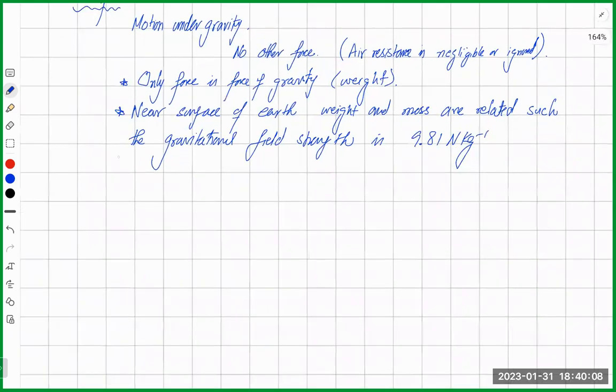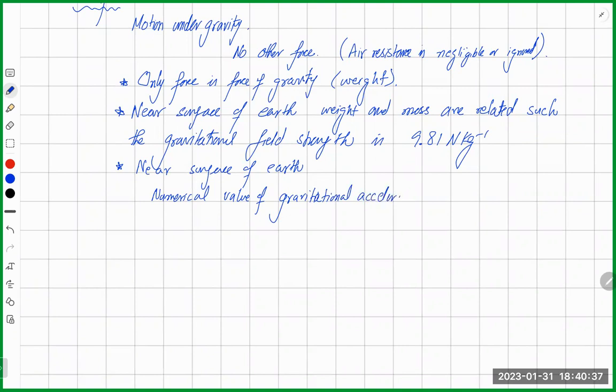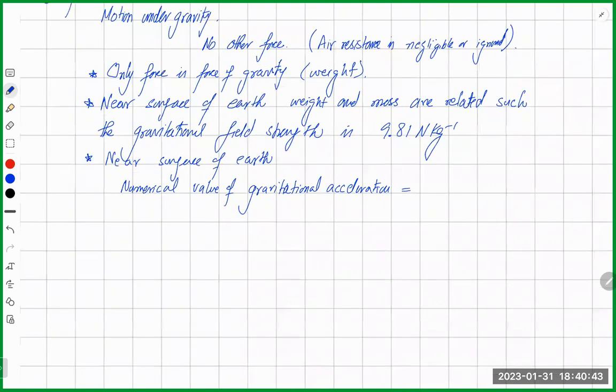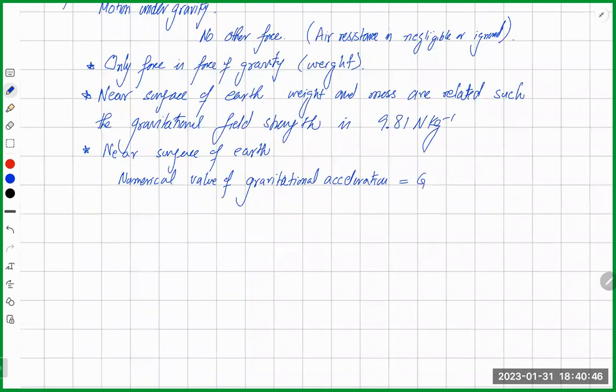Near the surface of Earth, the numerical value of gravitational acceleration is equal to gravitational field strength.